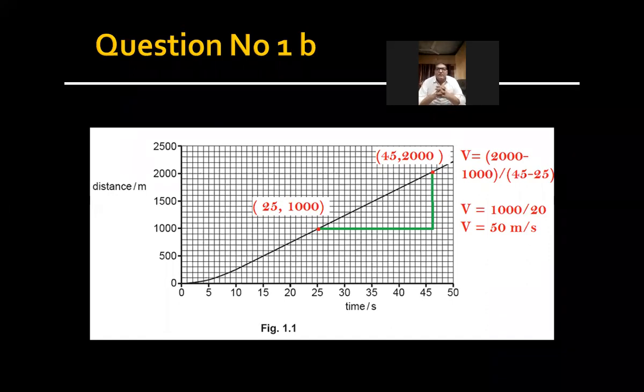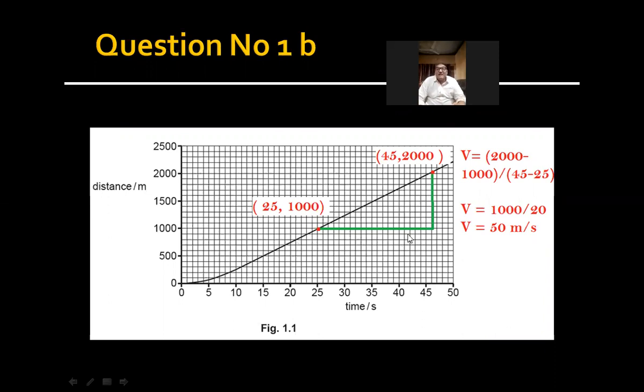And I will apply the formula for the gradient of this graph. In your mathematics, you must have studied that the gradient of the graph is m equals y2 minus y1 divided by x2 minus x1. The gradient of the distance time graph is equal to the speed. You also call it rise over run in mathematics.